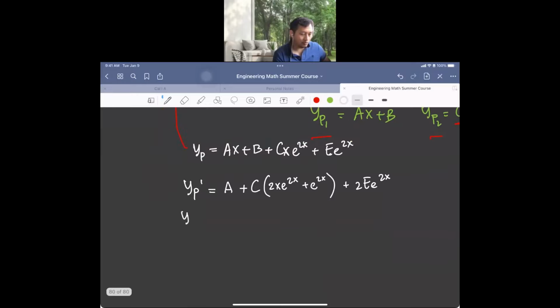Let me solve this first. So a plus 2c x e to the 2x plus 2e e to the 2x plus e to the 2x.